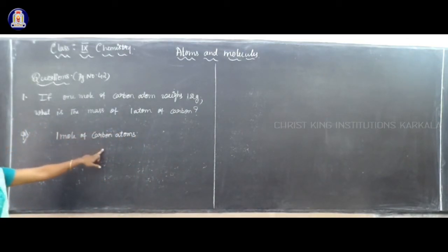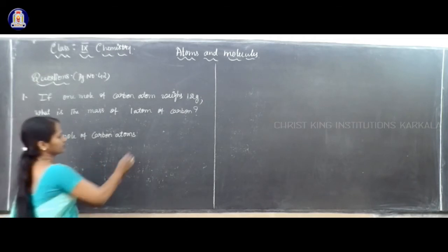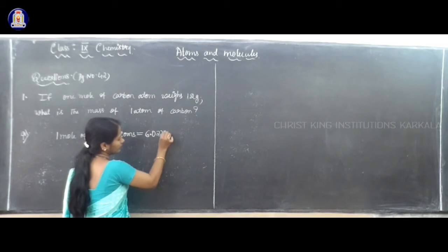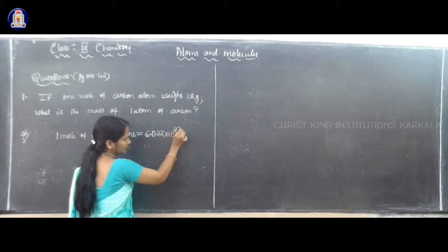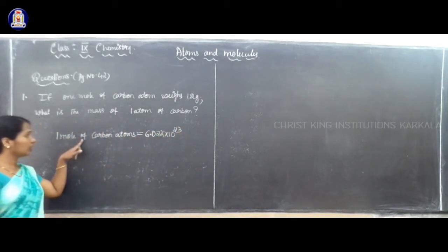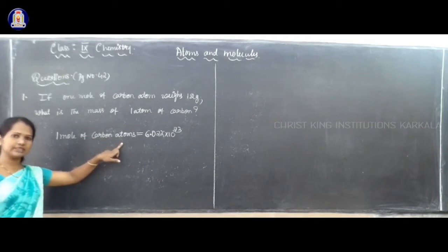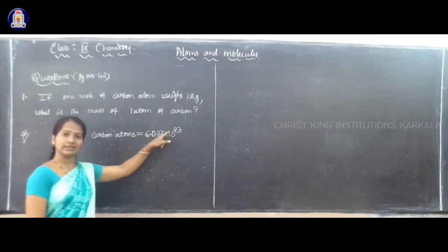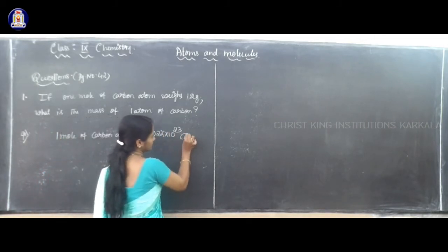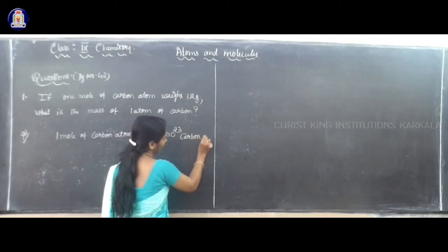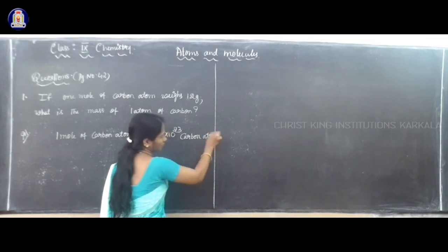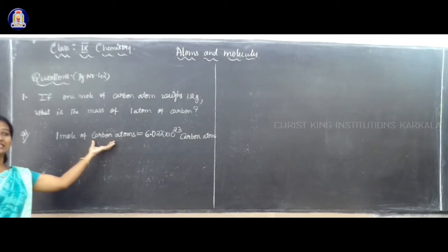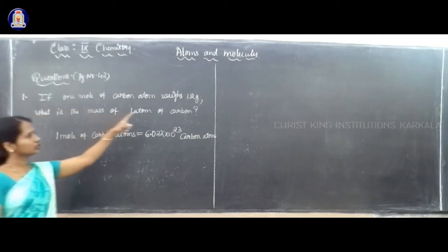1 mole of carbon atoms is equal to 6.022 into 10 to the power 23 carbon atoms. What is given is that the weight of this 1 mole of carbon atoms is 12 gram.